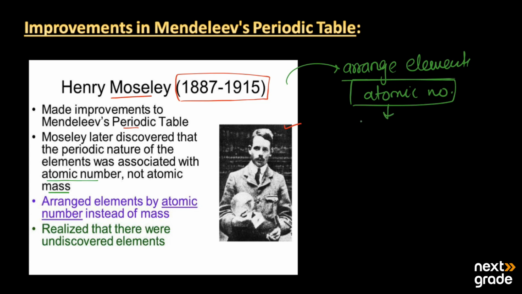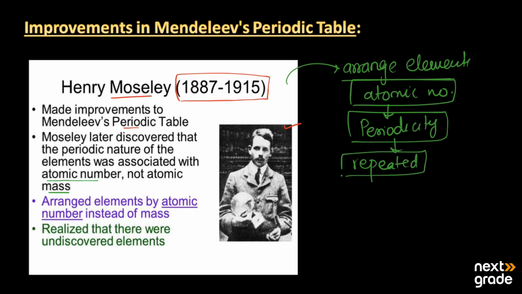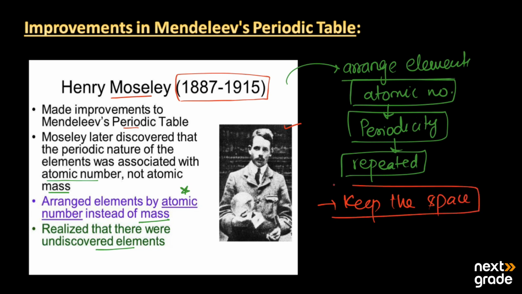This is basically known as the periodicity of the elements, as the properties of the elements are repeated in a regular manner. He arranged the elements by atomic number instead of their mass, and he realized that there were elements that had not been discovered, so he kept spaces for those undiscovered elements.